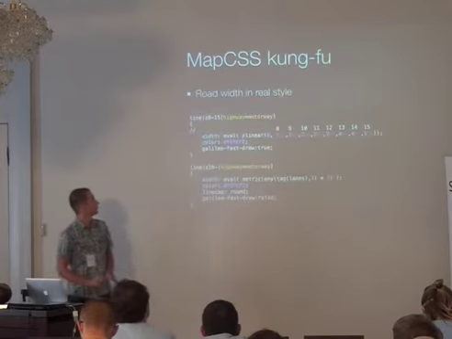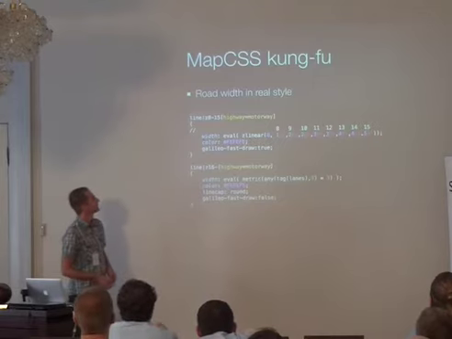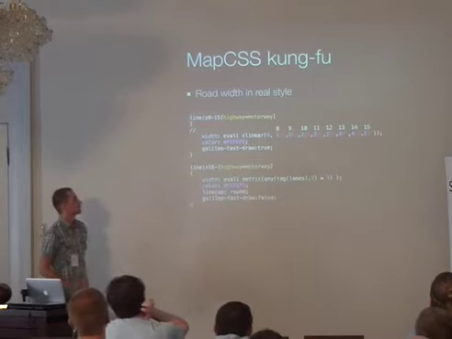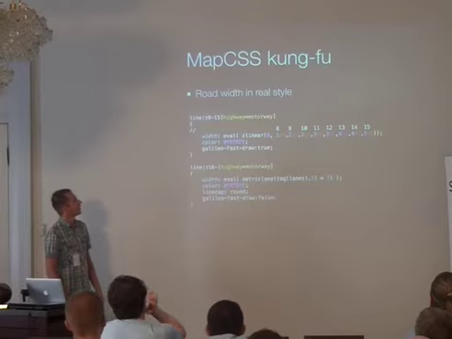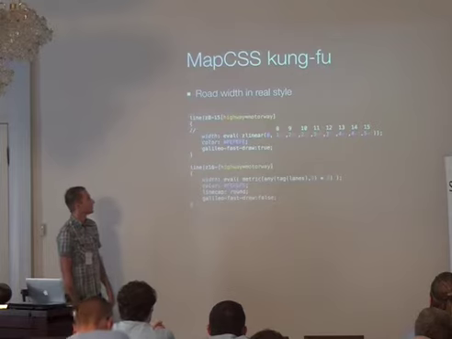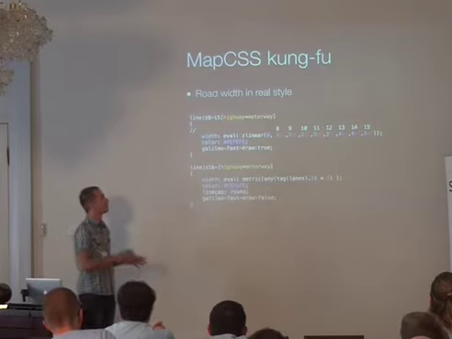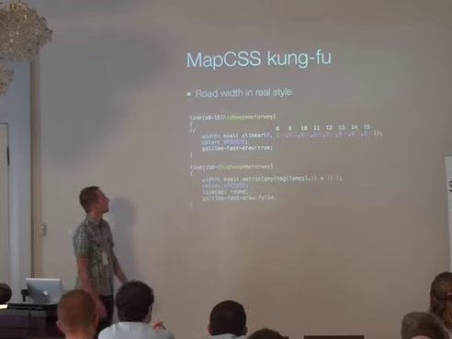And a bit of kung fu from styles. It looks a bit complicated, but that's how we try to optimize our CSS parser to produce as few blocks of data as possible.